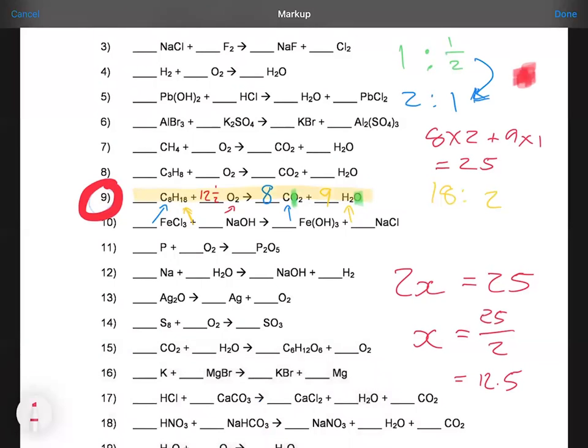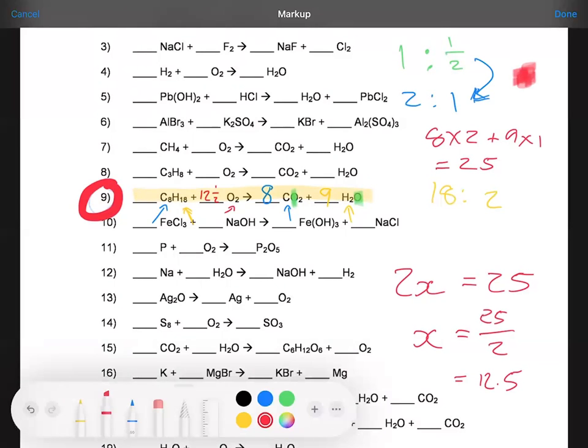So we want to change 12 and a half into a whole. So if you multiply anything that has a half in it by 2, would you agree with me that you'll get a whole number? Yeah, so that means you have to multiply it by 2. Correct. So multiply everything by 2.